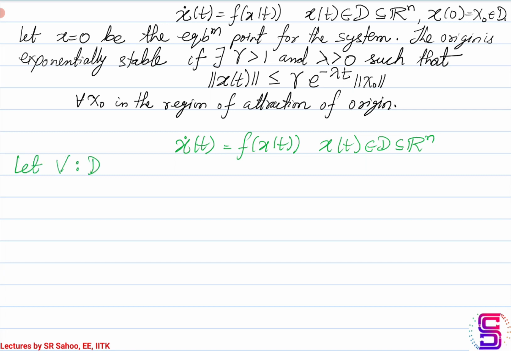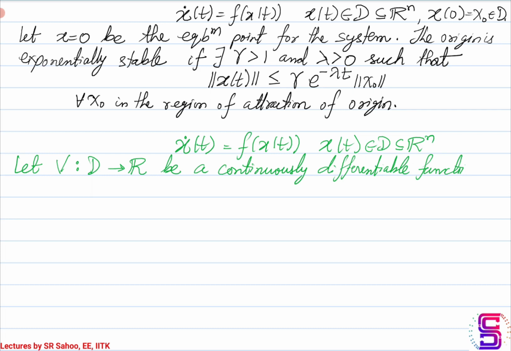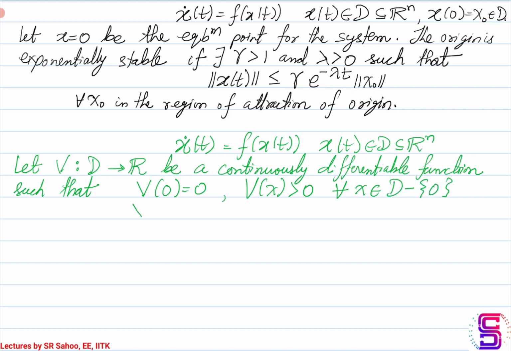Let V that maps from D to R be a continuously differentiable function such that V of 0 is 0, V of x is greater than 0 for all x in the set D excluding 0, V dot of 0 is 0 and V dot of x is less than 0 for all x in this set.